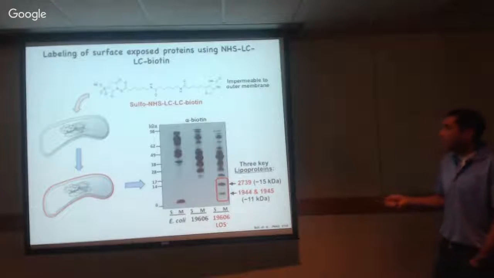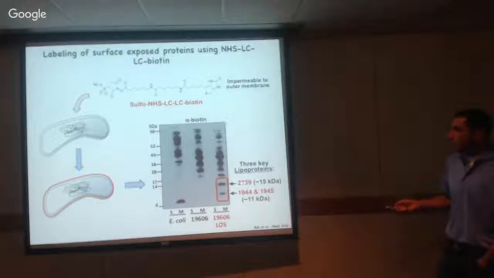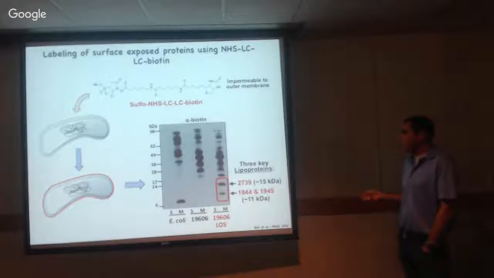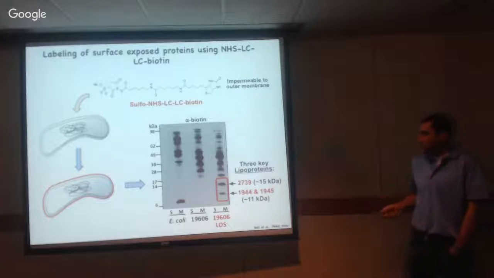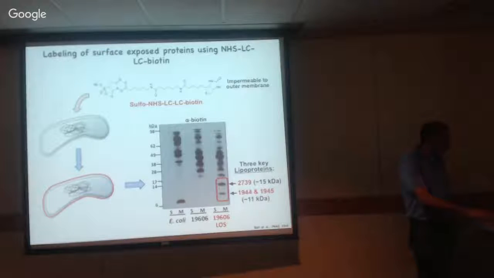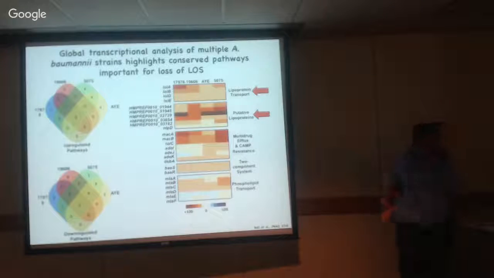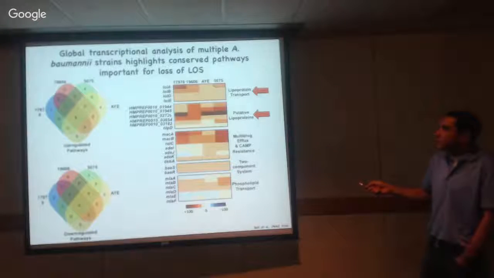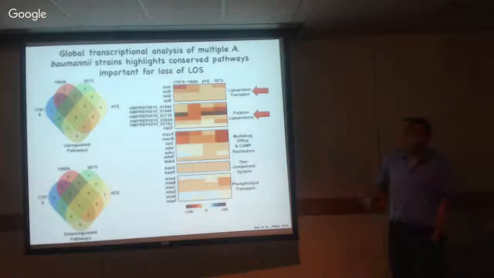And through further characterization, we found that these 2 bands right here in this red box actually were 3 different proteins, 2739, 1944, and 1945. And you see from our transcriptomics, 2739 was our most upregulated protein. 1944 and 1945 were also fairly upregulated.